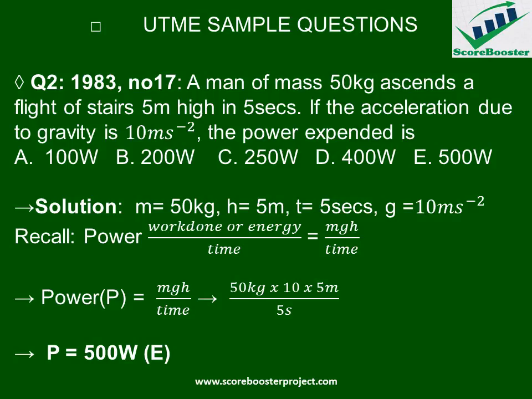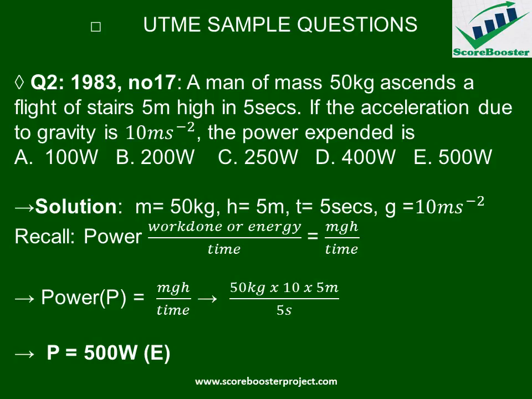If the acceleration due to gravity is 10 meter per second square, the power expended is dash. So you are given option A to be 100 watts, option B is 200 watts, option C is 250 watts, option D is 400 watts, while option E is 500 watts.